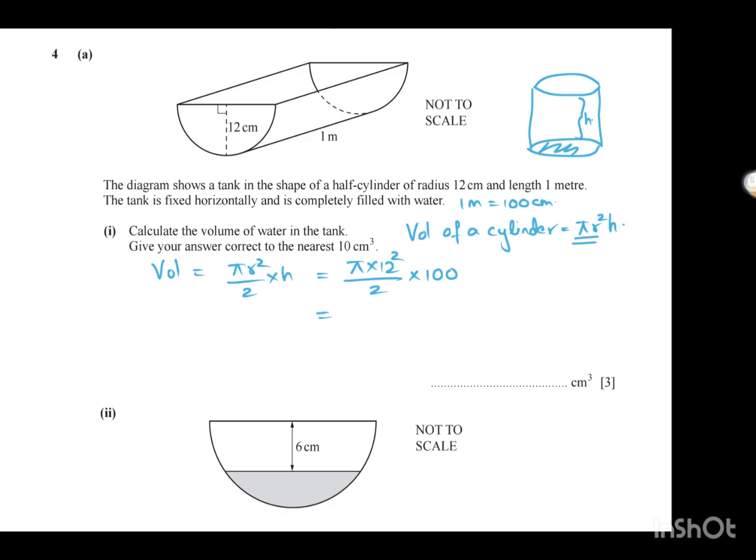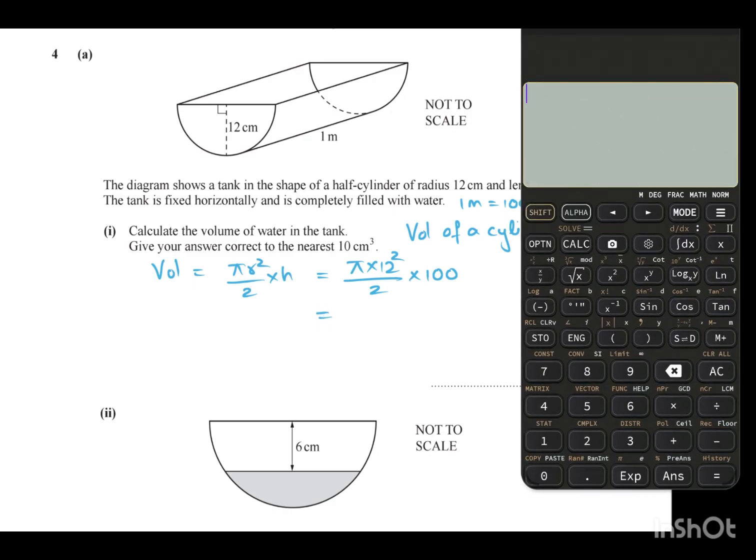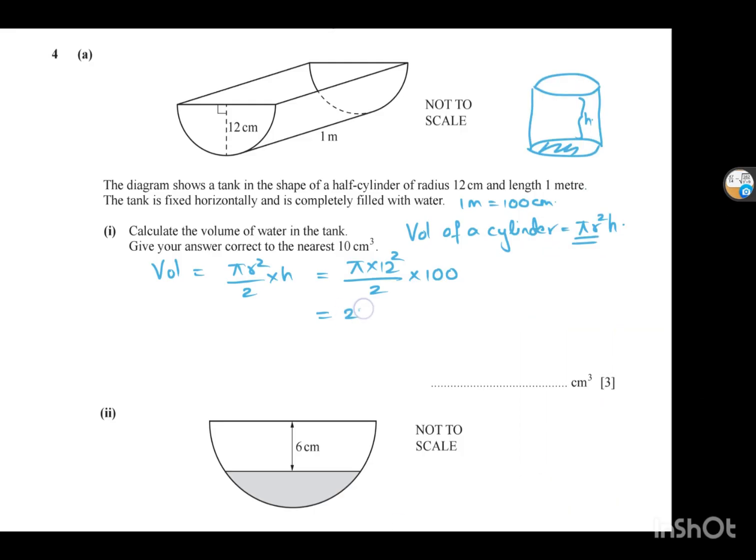So find out the volume of this half cylinder. Pi into 12 squared by 2 into 100 is 22,619.4 centimeters cubed.